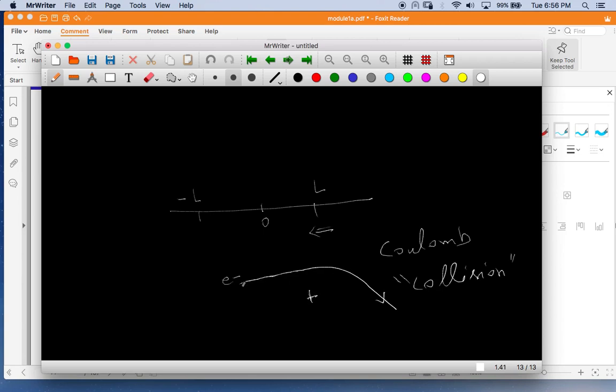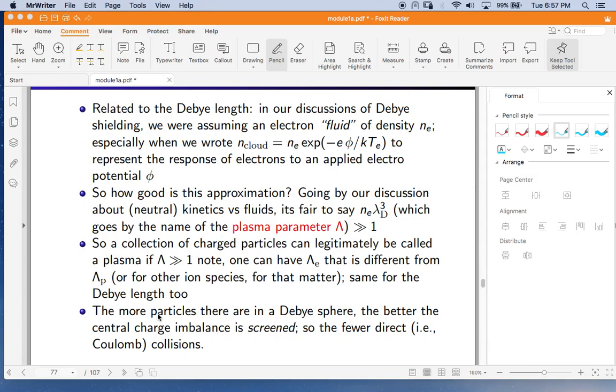Because it's a bare charge, it feels its potential and is deflected, and this deflection is called the Coulomb collision. Now, if the screening is very good, the effect of the central positive charge is suppressed, and therefore these direct Coulomb collisions are far fewer.